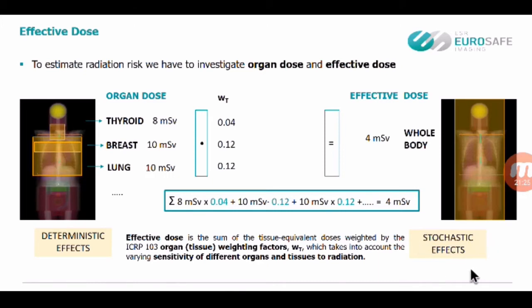This may be the cancer induction due to radiation, also potentially at low doses, while organ doses are related to the so-called deterministic effects, which take place only when a threshold dose is surpassed. Normally, this doesn't happen in a normal CT scan examination.